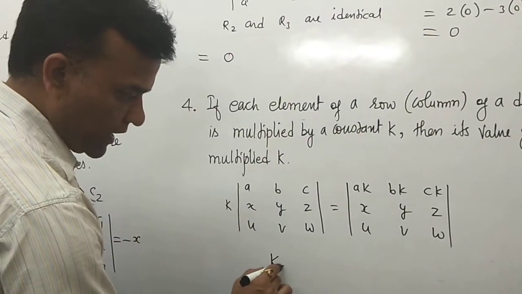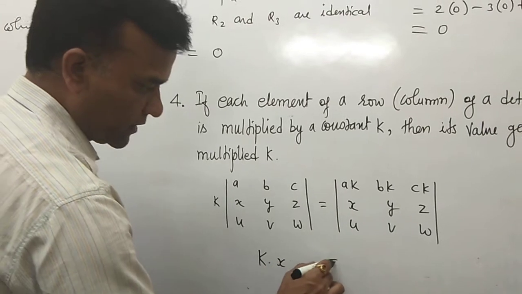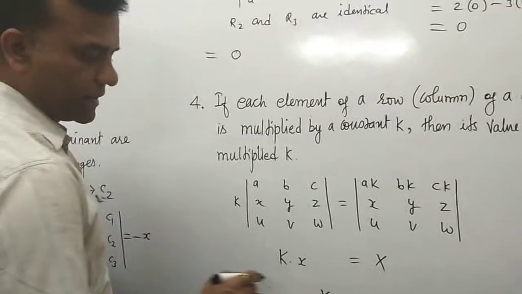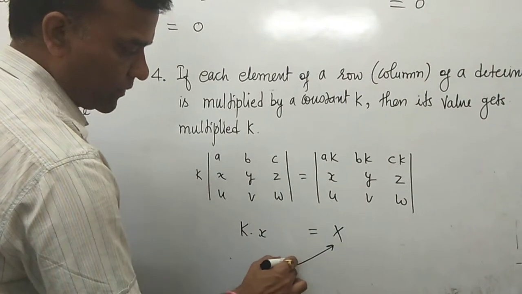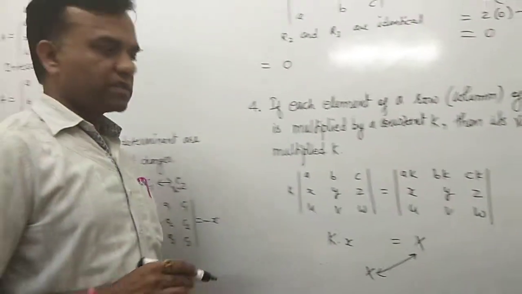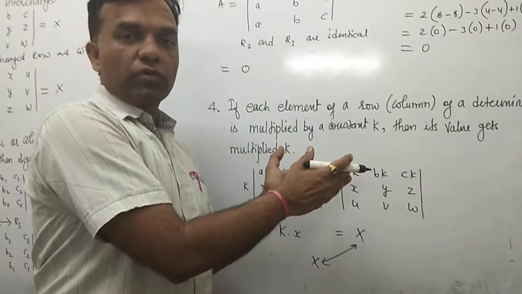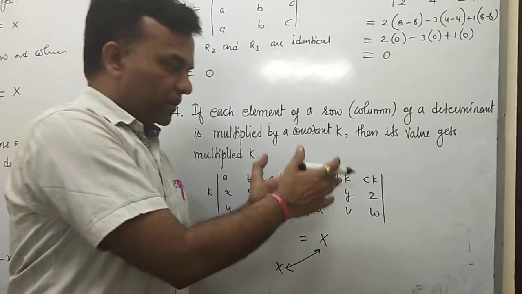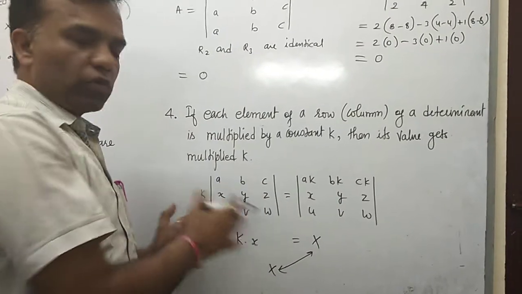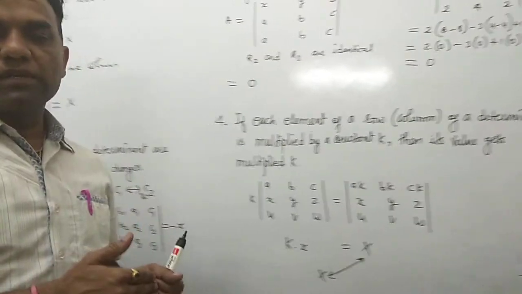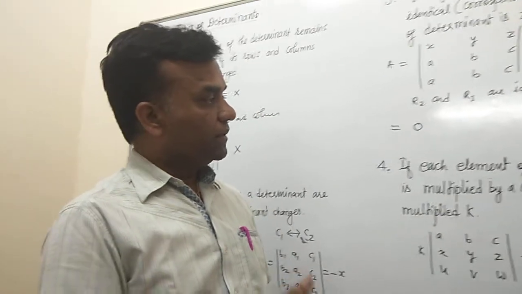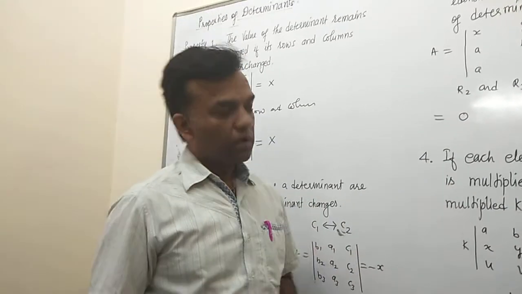Suppose the answer is k into X, which is equal to capital X, and you get directly capital X. So both answers are the same. You multiply the constant directly, or you multiply inside a row or a column, and after you simplify the determinant, the values are the same, whether multiplied before or after, inside columns and rows. Then we explain the fifth property.